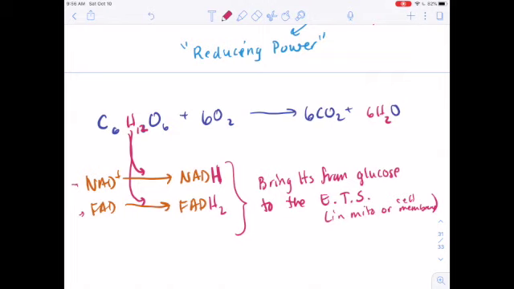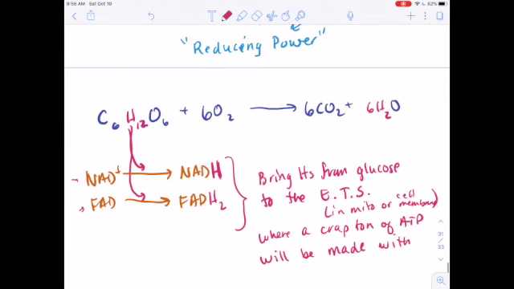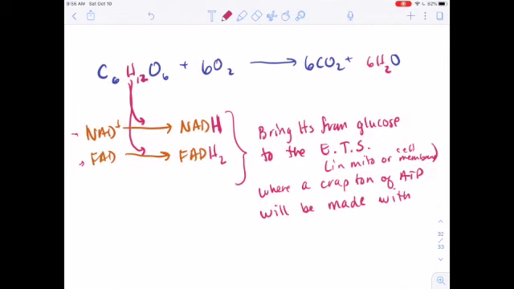So what if they're bringing them to the electron transport system? They bring them to the electron transport system where a whole lot of ATP will be made with those hydrogens.